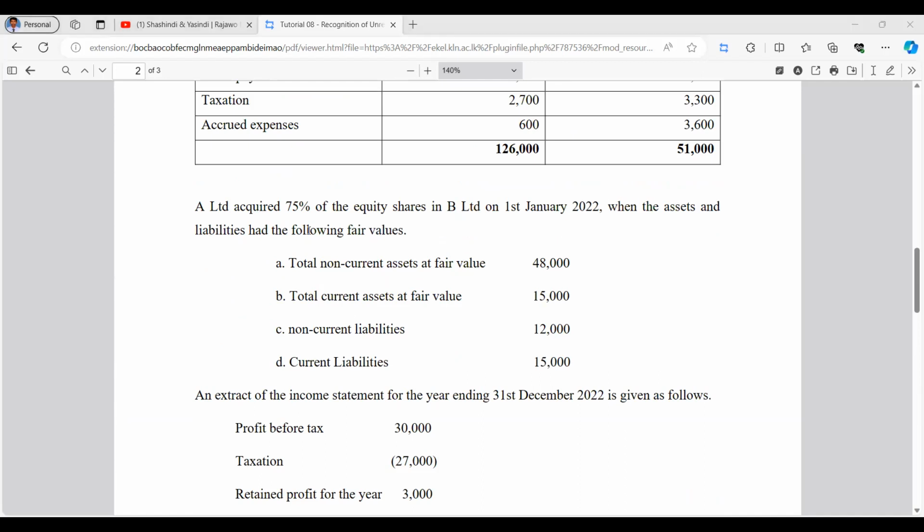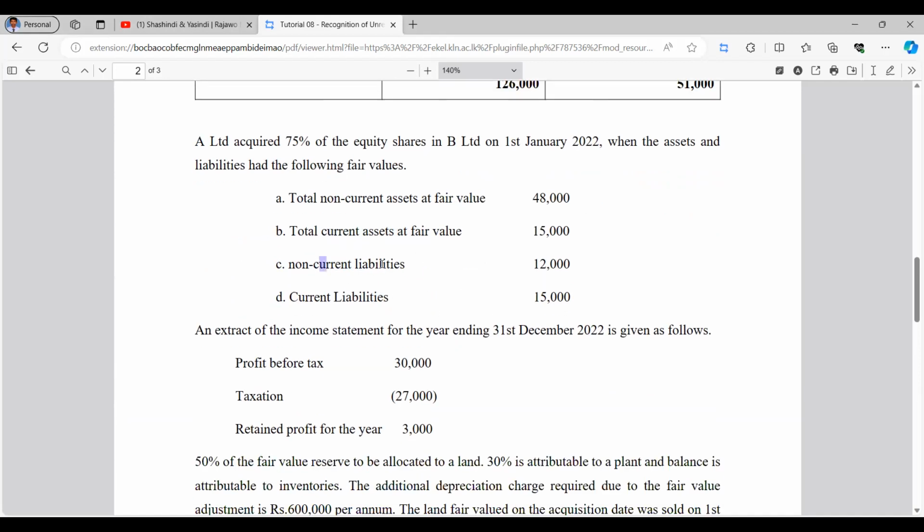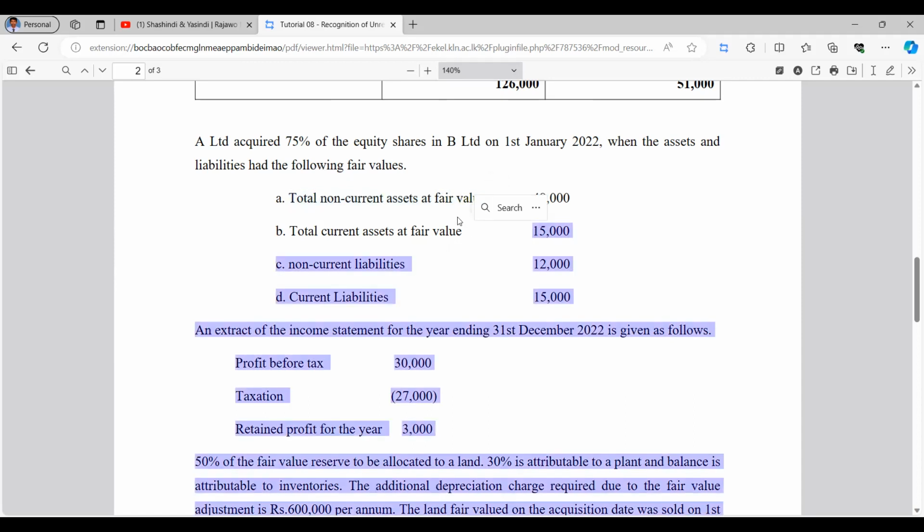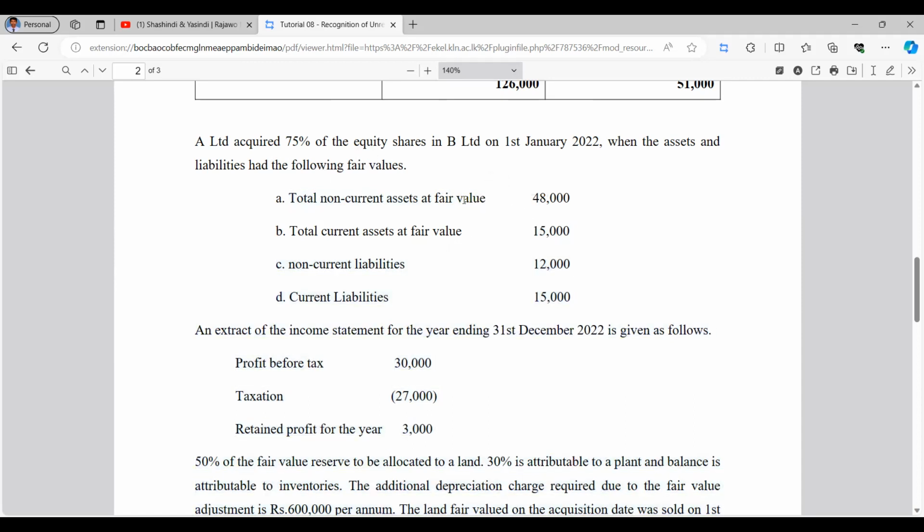The assets and liabilities had the following fair values: non-current assets 48,000, current assets 15,000, non-current liabilities 12,000, and current liabilities 15,000. Why are these things given? For the fair value of net assets calculation at the date of acquisition.